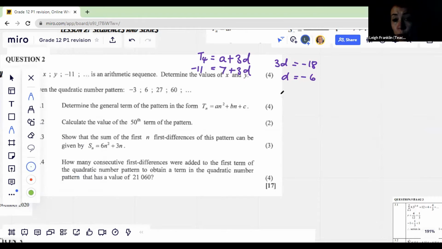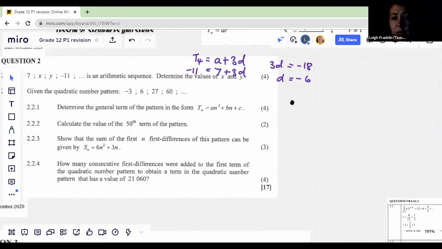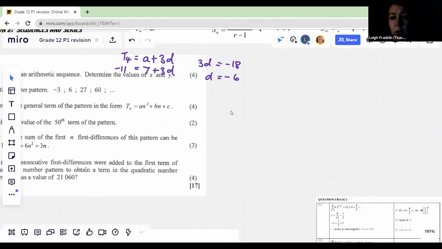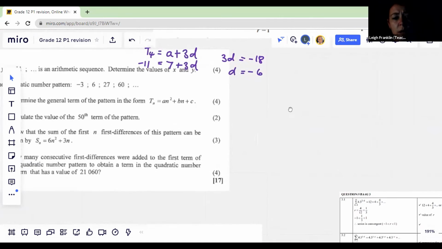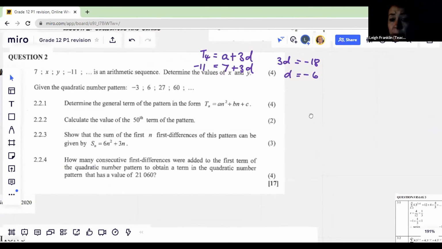Remember, it's term 2, so it's A plus 1 difference. Is everybody happy with that? Yes, I agree. A C pair, you said 1. Kanya, you said 1. Good stuff. Does everybody know where the 1 comes from? 7 plus negative 6. Excellent. Swahili, 100%. Isaiah, quite right.